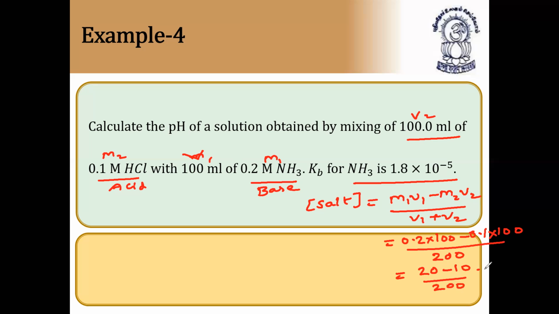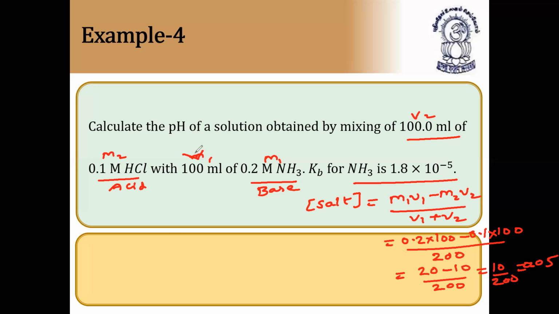So it is equal to 10 divided by 200, which is 1 by 20, it is equal to 0.05. So this is the concentration of salt.